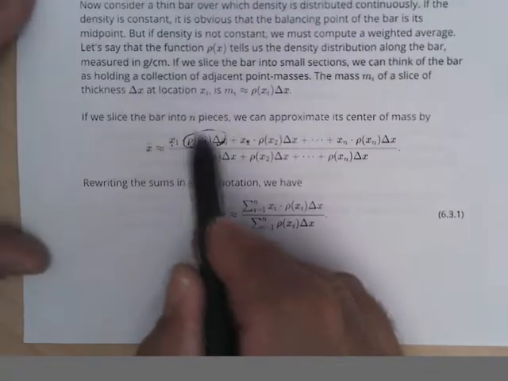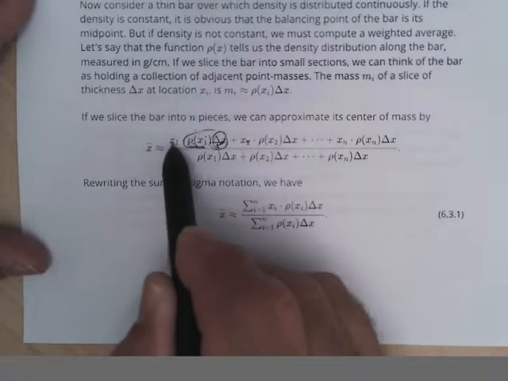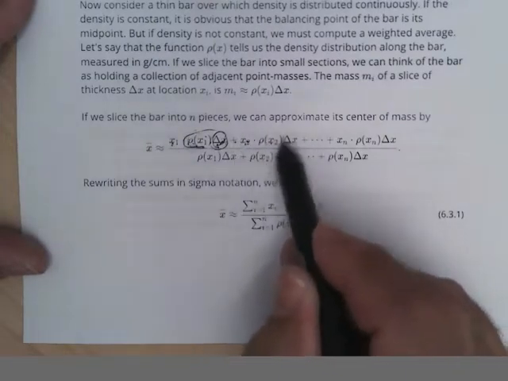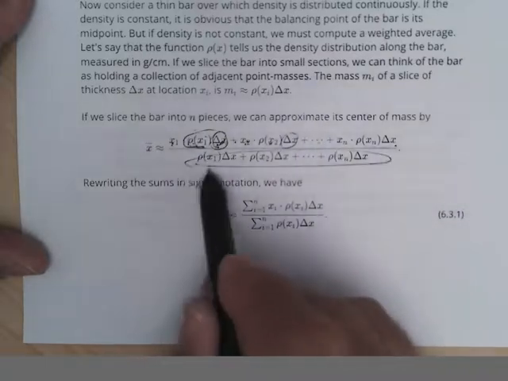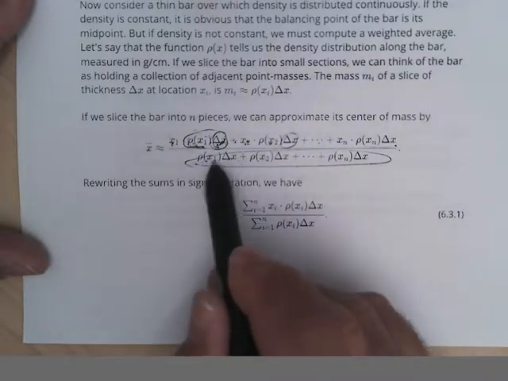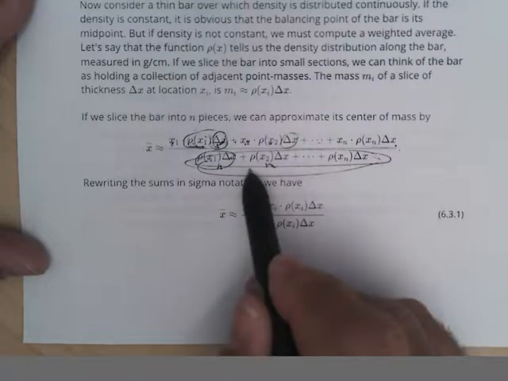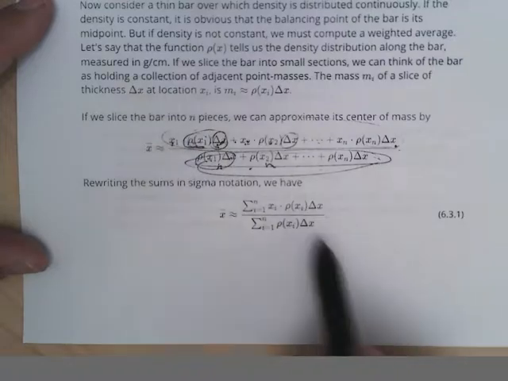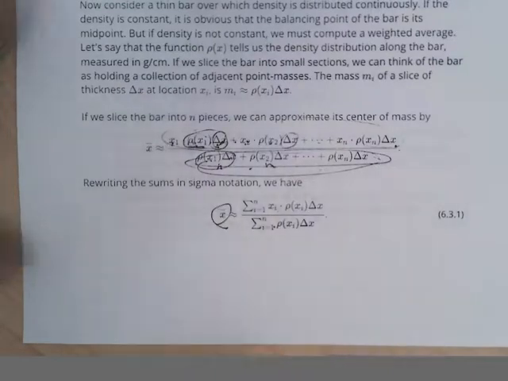So if you have a density times the volume times where it's at, plus where it's at times density times the volume of that piece, and keep doing that over the density times the volume, which gives you a mass, and a mass. So you're getting the total mass, and up here we're getting the mass times the position, and if you divide those, you'll get the center of gravity.